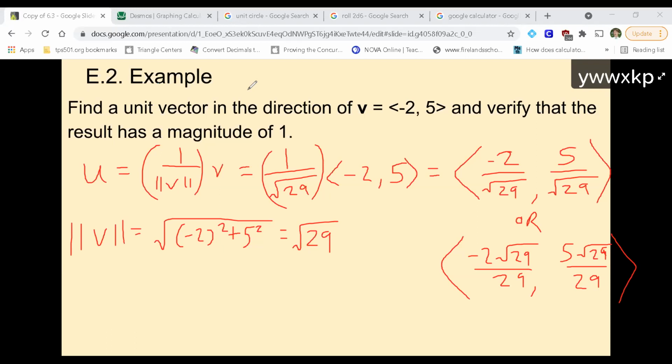All right, so that vector supposedly has the same slope as vector B and supposedly is 1 unit long. But how can we be sure? Well, let's verify that.